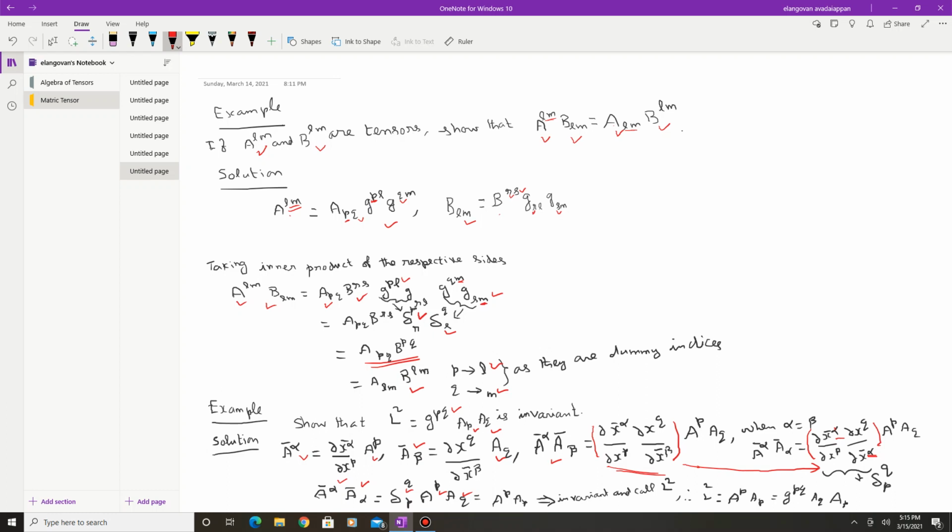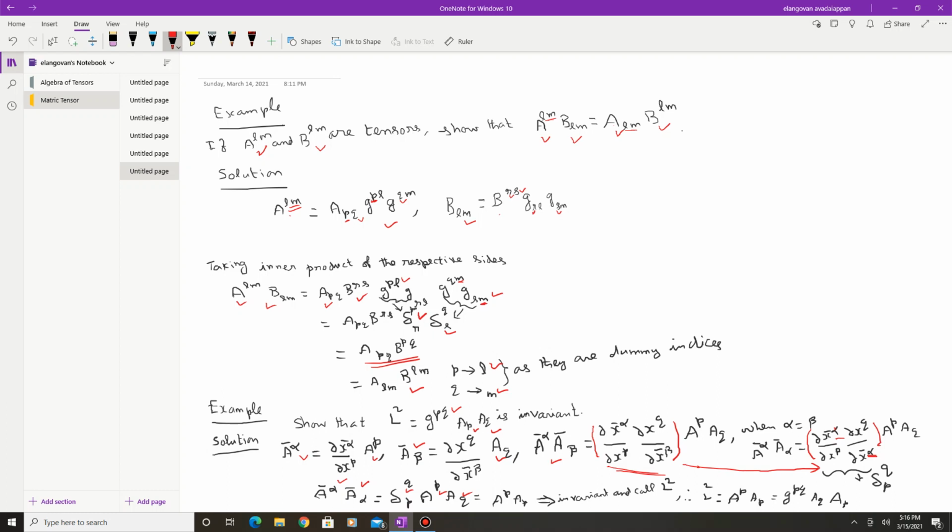If you multiply, that value will be same as the contravariant vector and the covariant vector in the unbarred system. So if you multiply these two, the product in the unbarred system and the product in the barred system are equal. So that means this is invariant.